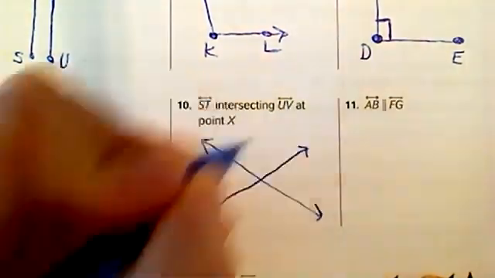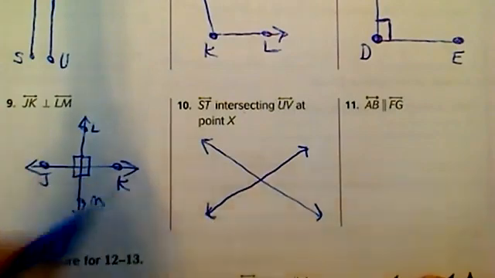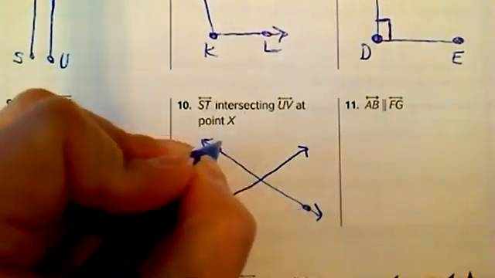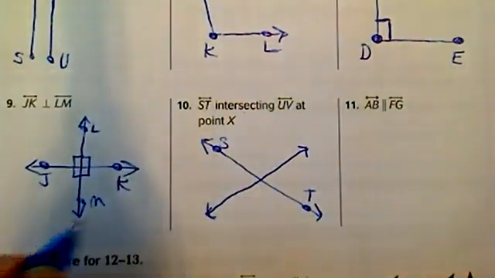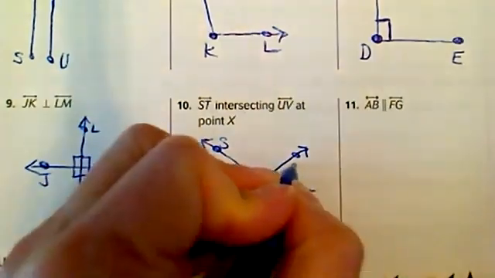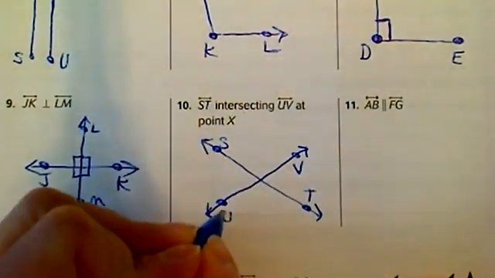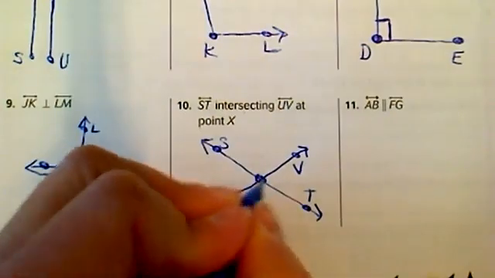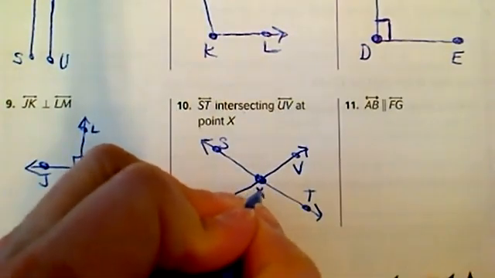They are intersecting lines, so I have to have my little arrows to indicate that. I'm going to make this line ST. I'm going to make this line UV, and they intersect at point X.